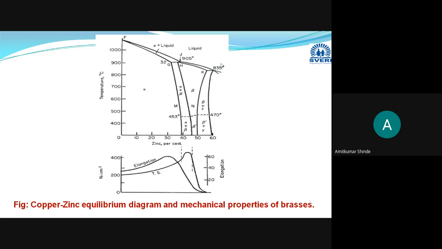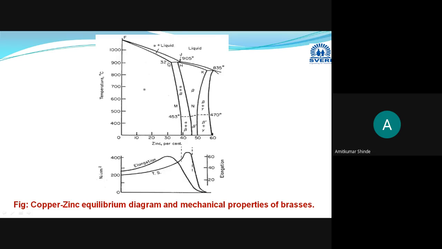Yes, sir. And that line below 32, J line, what does it represent, sir? Below 32, which line are you getting? 32 G, that point. 32 is nothing but the percentage of zinc here. This is 32% zinc.